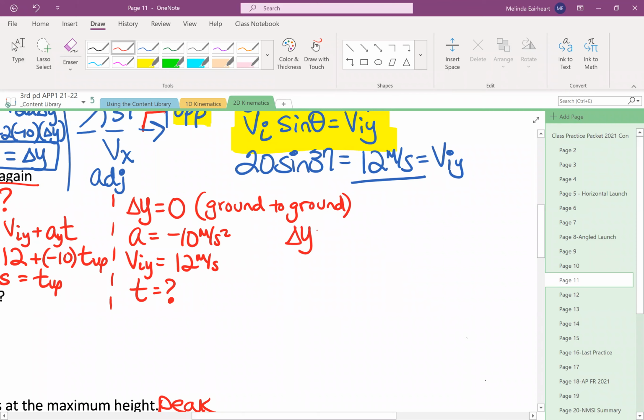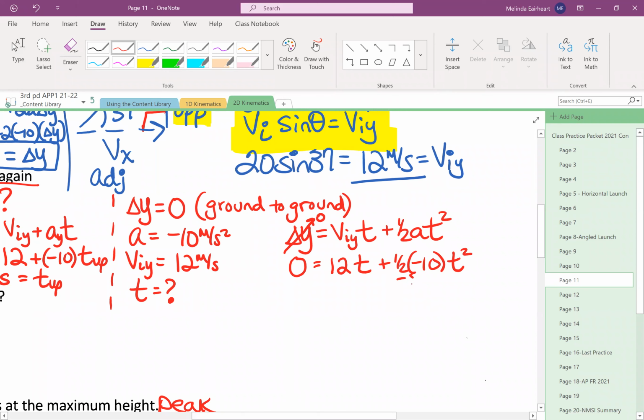So delta y equals v_iy t plus 1/2 a t squared. Don't forget to square. Notice when you are ground to ground, I have 0 equals 12t plus half of -10 t squared. That half of -10 or -5, can't I add 5t squared to both sides? So move that to the other side.